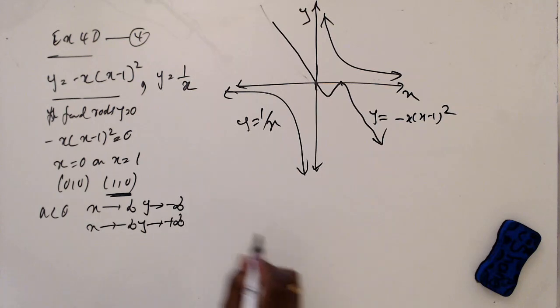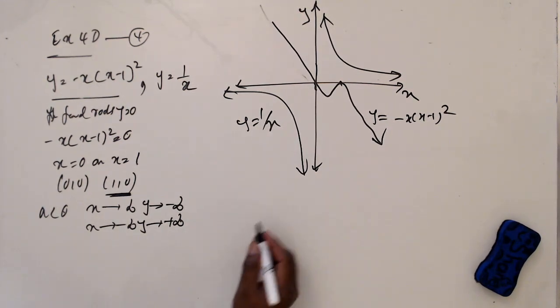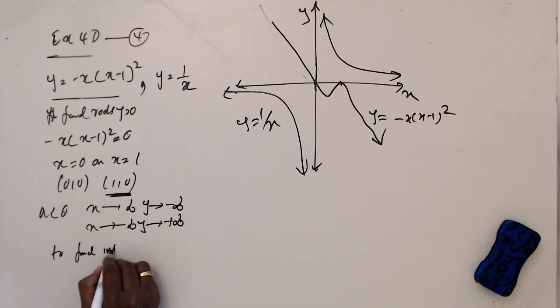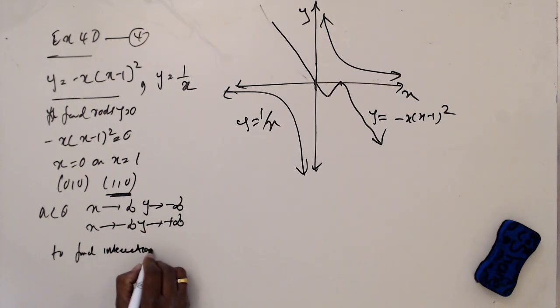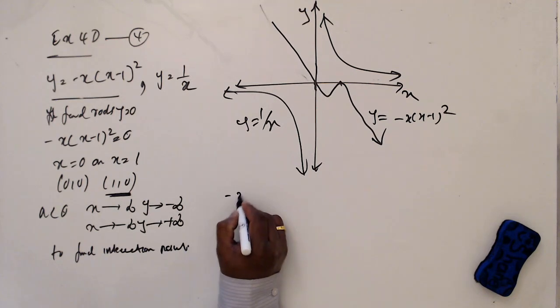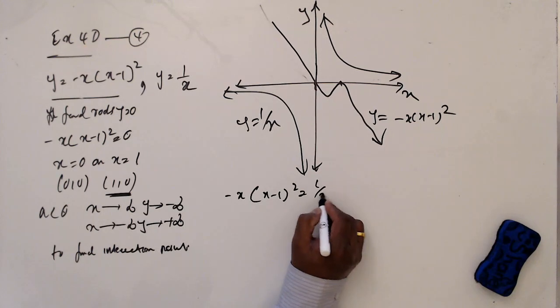Now the question is, explain how your sketch shows that there are no real solutions to this equation. So to find the intersection point, we have to make minus x times (x minus 1) squared equal 1 over x.